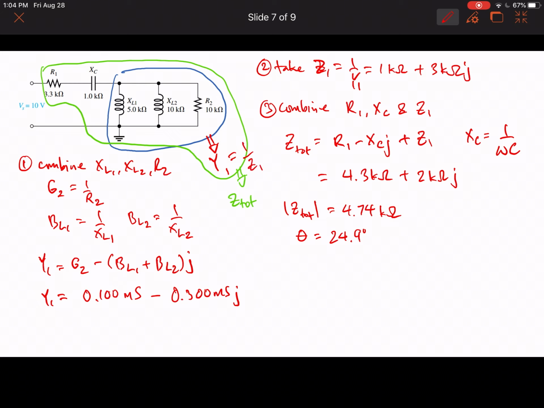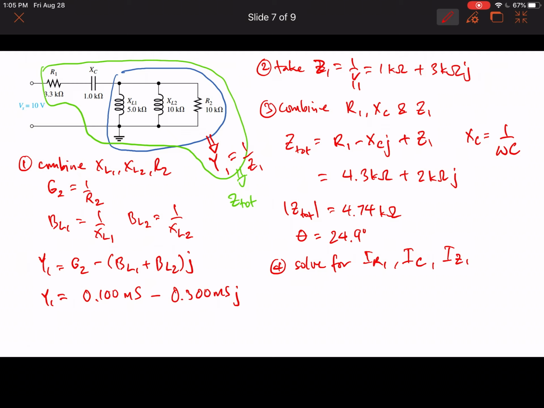This means that Z1, R1, and XC have the same currents. So solve for current IR1 and the current IC, which will also give us the current across Z1.